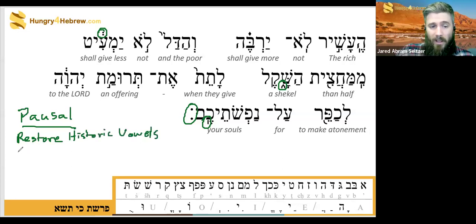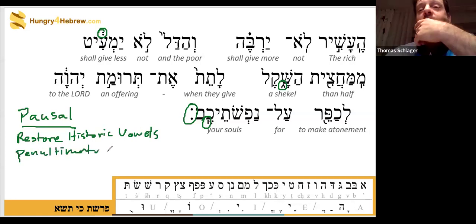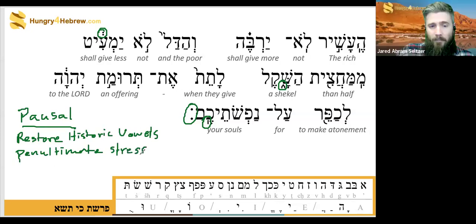It will get penultimate stress. There's one more thing, and I just can't remember what it is. Vowel lengthening. So here we only get one of these three things.